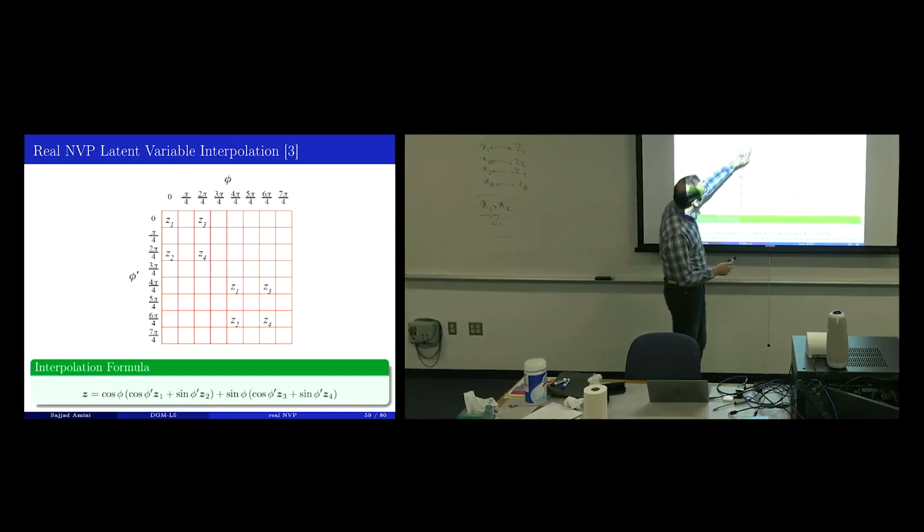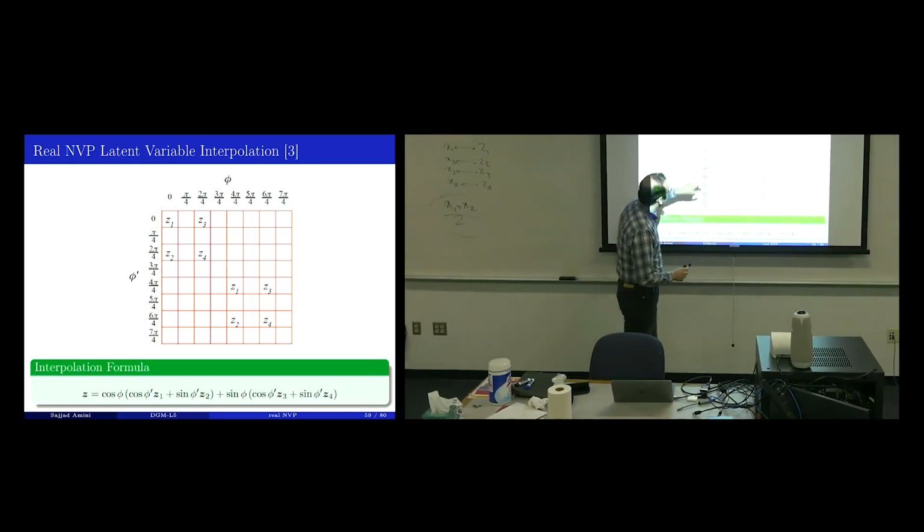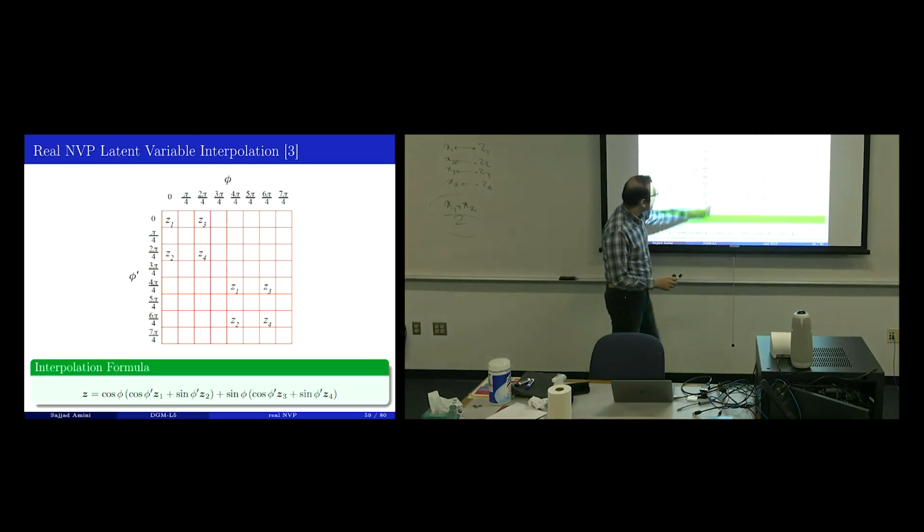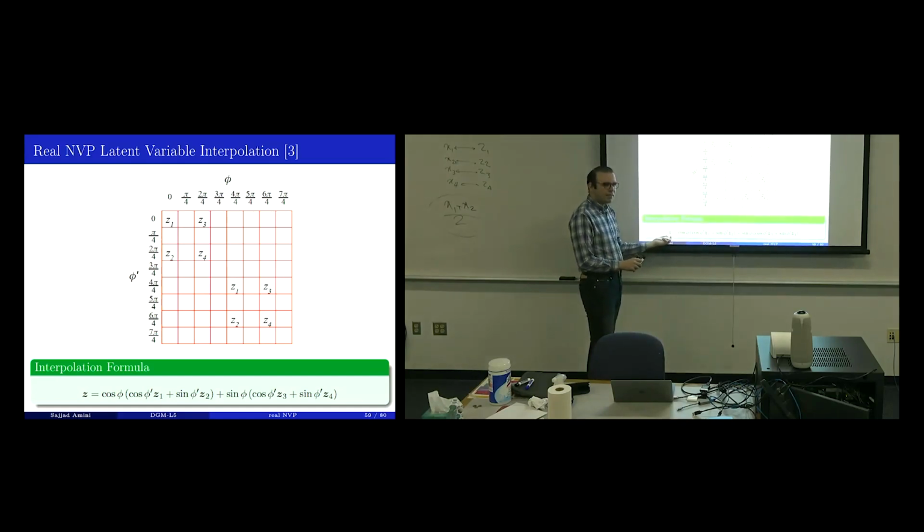How? For example, I want to focus on this point. For this point, we know that phi is pi over 4 and phi prime is 0. Put them here. You have the Z corresponding to these images. So if you put them here, you have a new Z. You pass that new Z through the forward transformation f of theta.